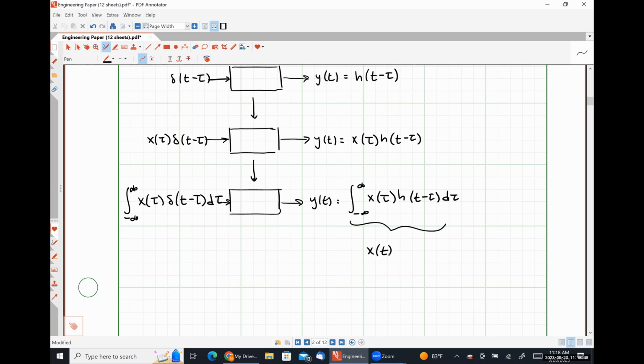So our input signal x of t is convolved with our impulse response h of t to give us the output of our system.